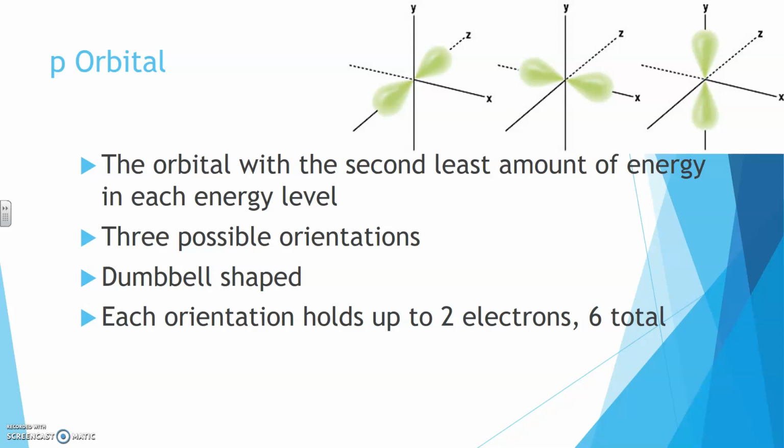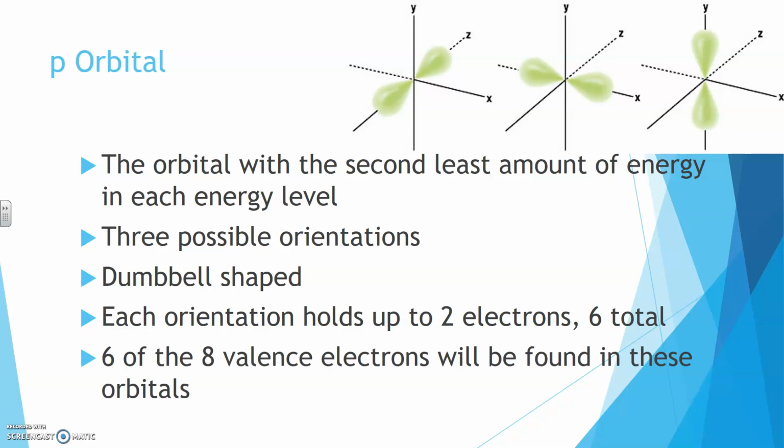Remember, these orbitals are just regions of probability, so it's most likely that you're going to find these electrons in this kind of path, somewhere in there. The other 6 of your valence electrons will be found in these orbitals.